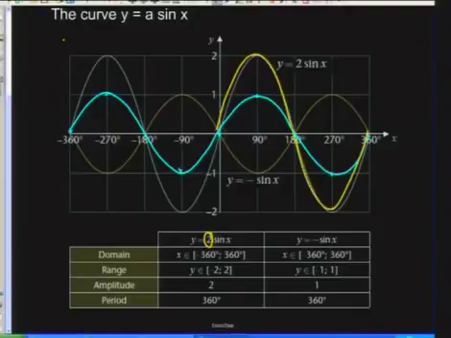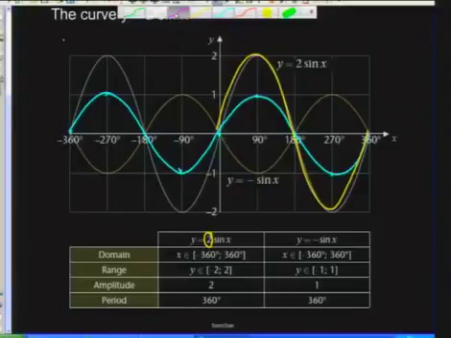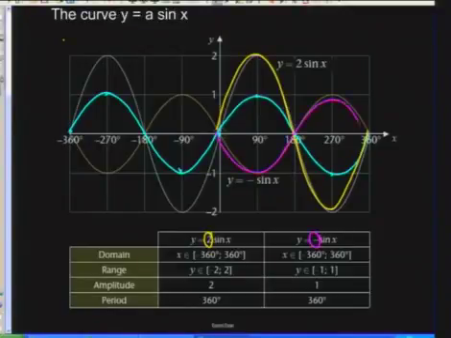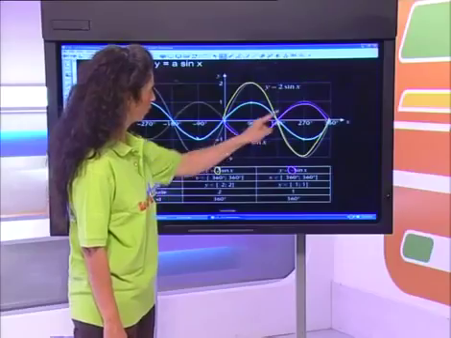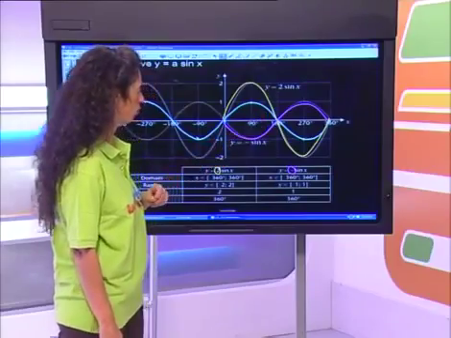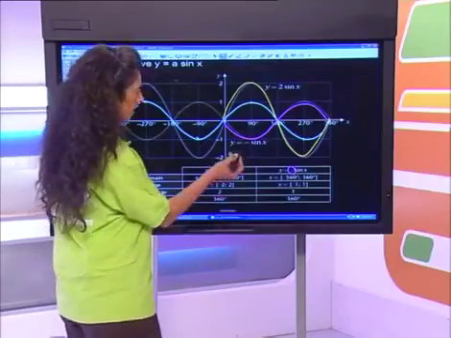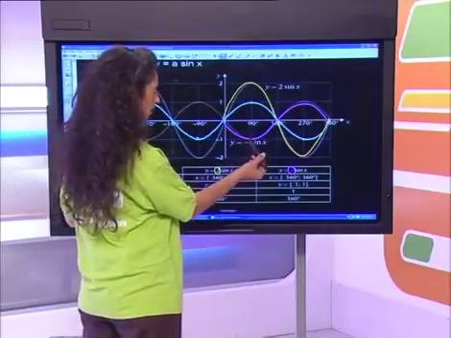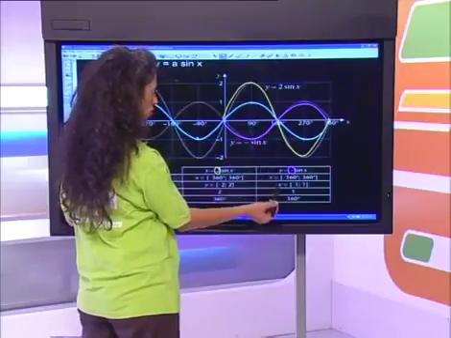And we're looking at the graph of y equals -1 sine x, which is this graph over there. So just to talk about it, you'll see that the yellow graph has got a maximum at 2, and the purple graph has got a minimum at -1. So looking at the range of the parent graph, it's still -1 to 1.